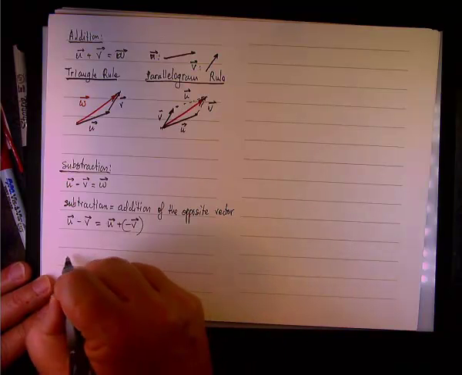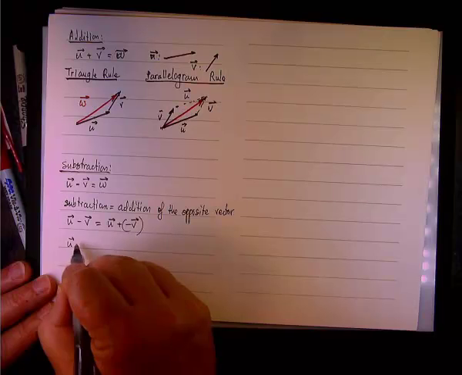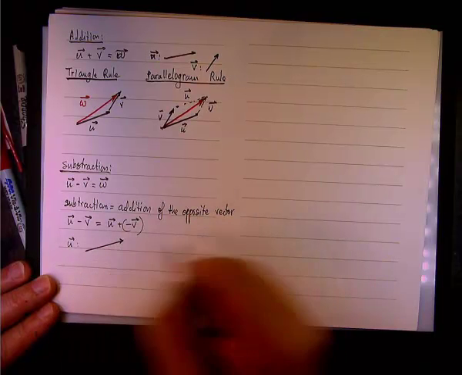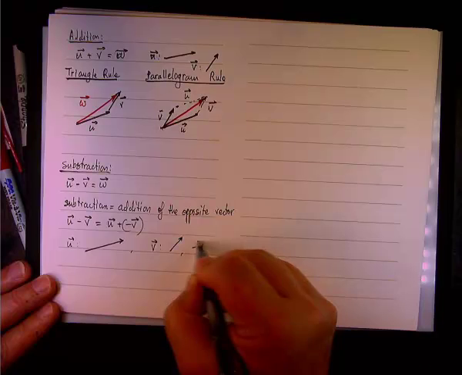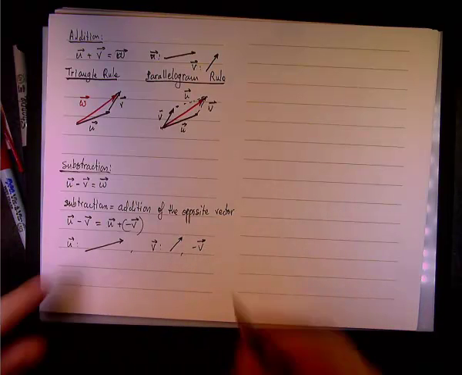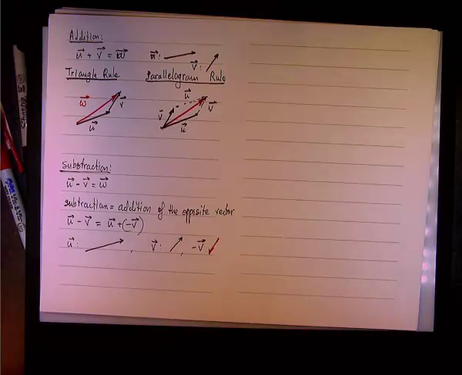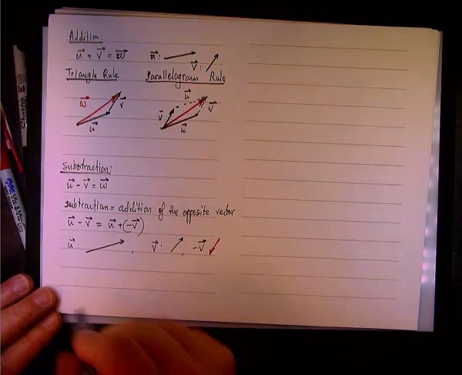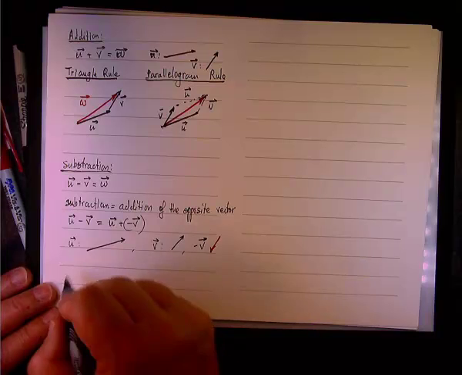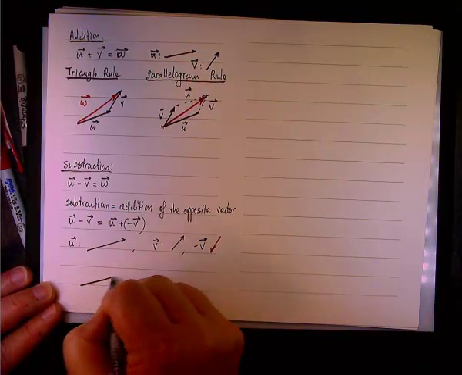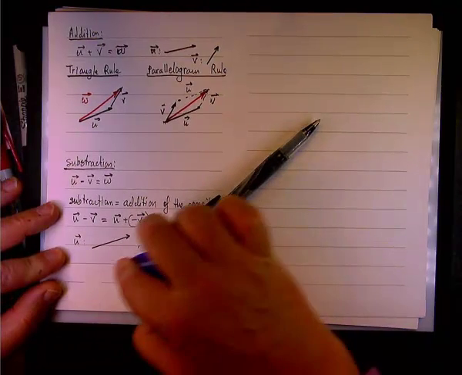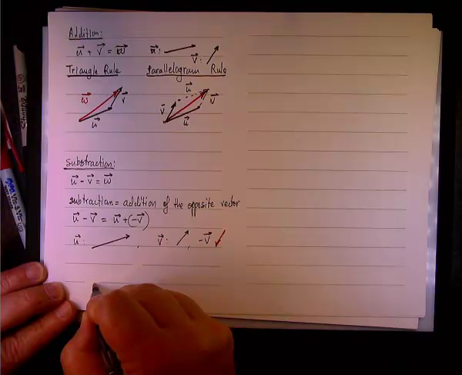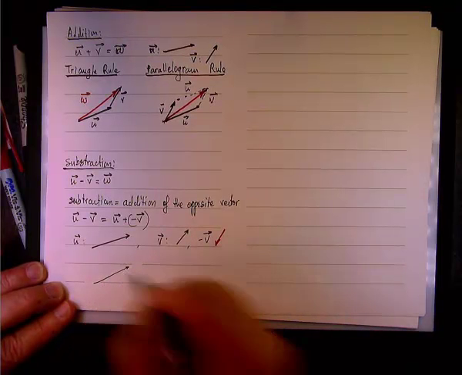For example, if we go with the same u and v that we had before, if u is this vector, and v is this vector, then negative v will be this vector. So if we do u minus v, using the triangle rule, for instance, we'll go u, oops, this is not exactly, well, close enough.